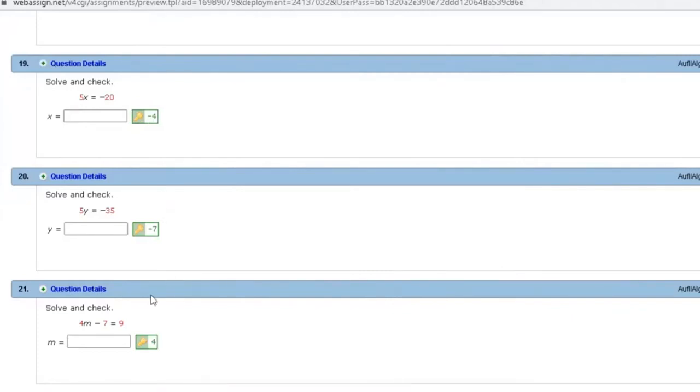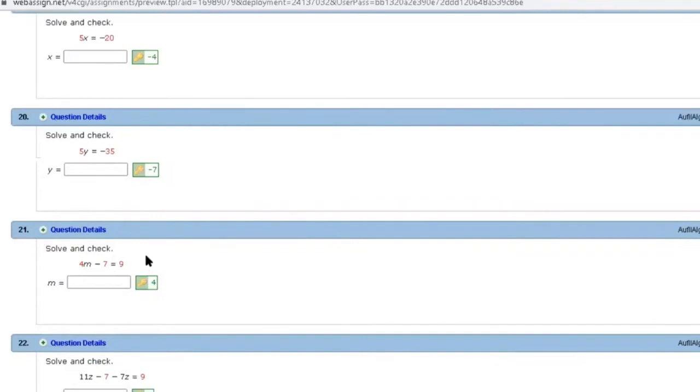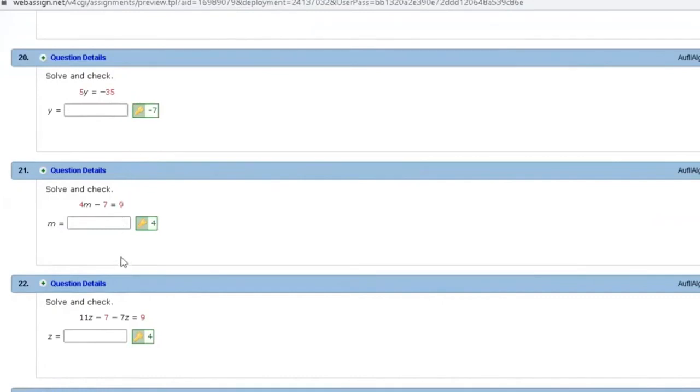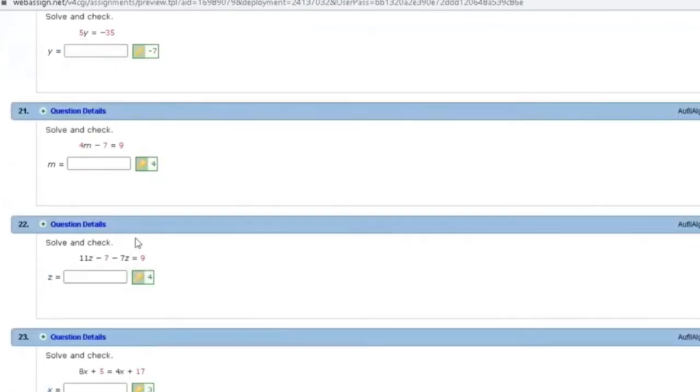You ready to go. So for the final, the questions should be one by one. If we're looking at 21, this is technically a 2-step. We want to get m by itself. So first we have to add 7 to both sides, and then we have to divide by 4 on both sides.